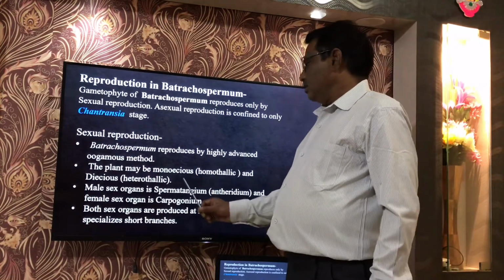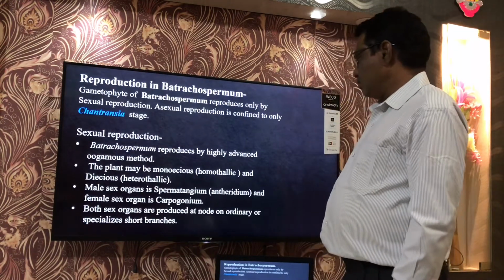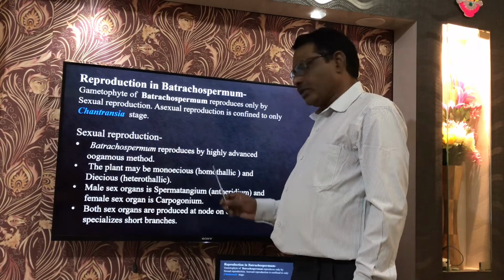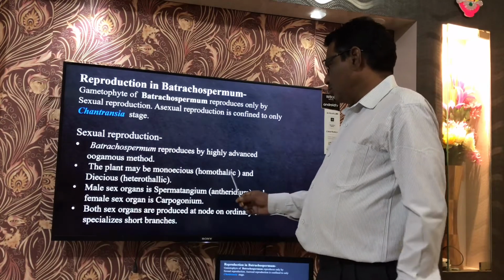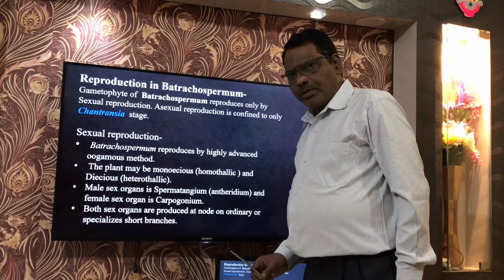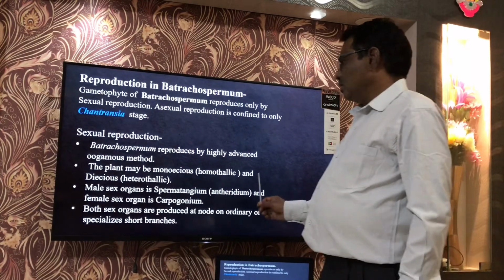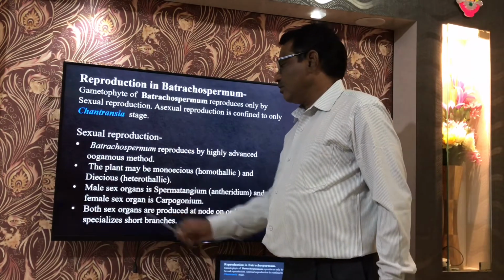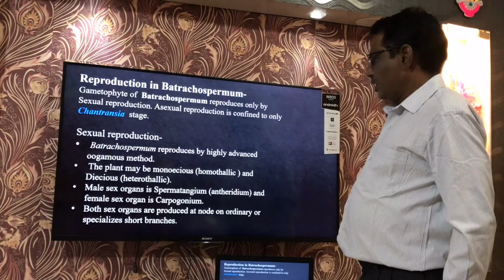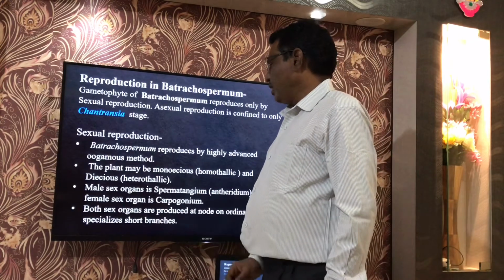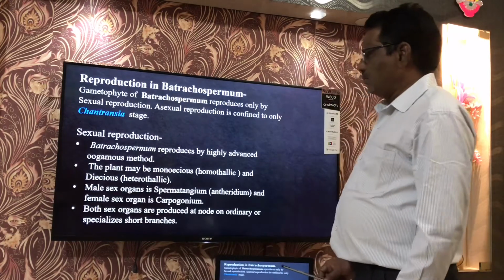the plant of Batrachospermum may be monoecious, that is homothallic, in which both male and female sex organs are present on the same thallus, or in some cases you can have a dioecious condition or heterothallic condition in which you can get separate male and separate female plants.